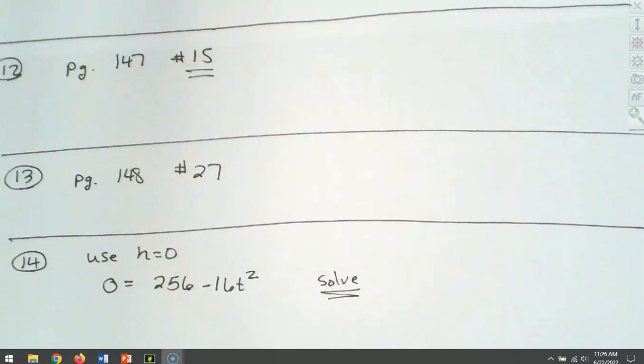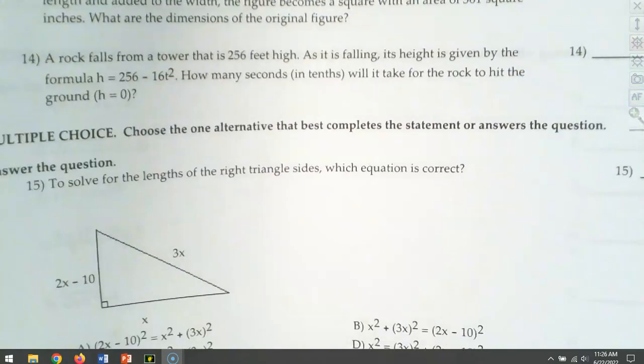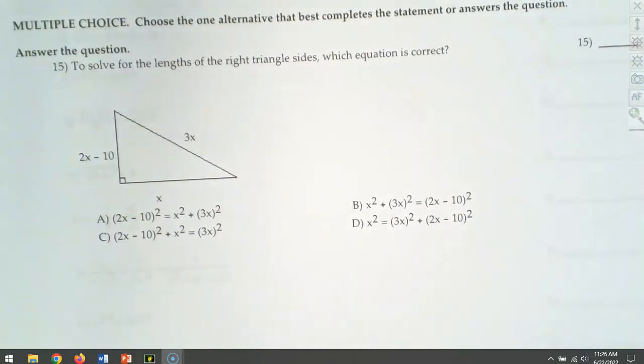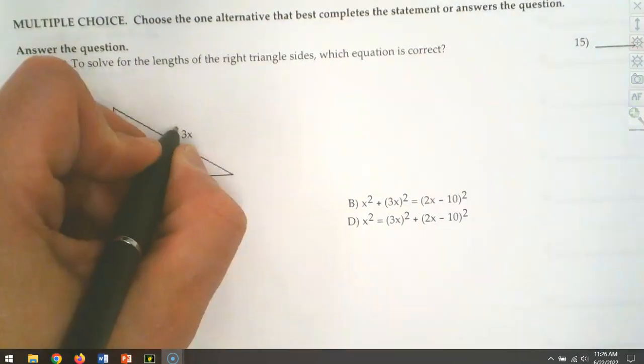Question 15. I am not going to solve it, but we're going to talk about it. Now, here's your figure. We don't have to solve this one. All we have to do is figure out what is the correct setup here. So when we look at this and we label it, what do we know?